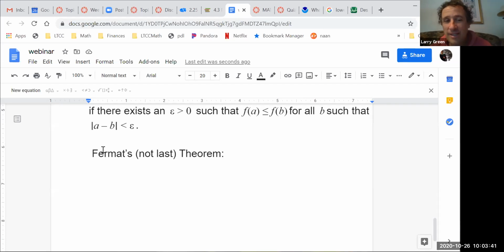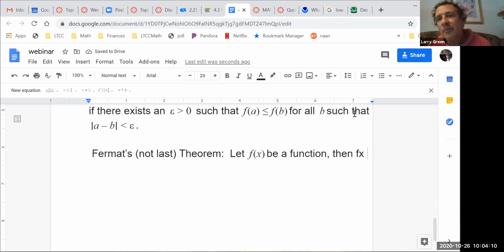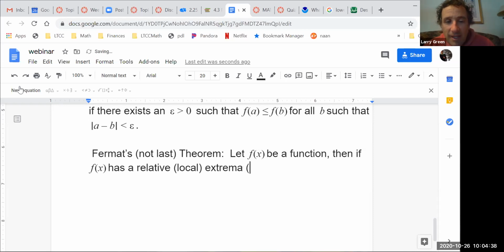If it's a local max or a local min, so let f of x be a function, then if f of x has a relative, by the way, relative and local mean exactly the same thing, extrema, and extrema means max or min.